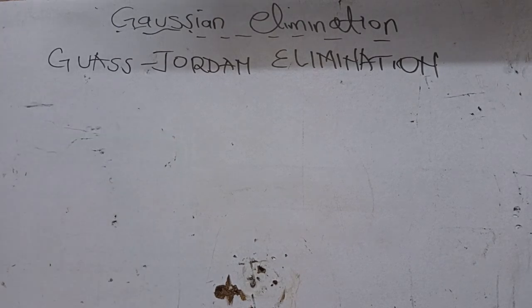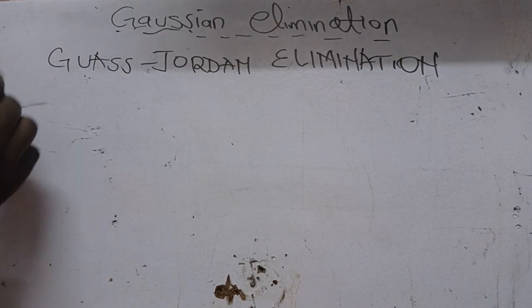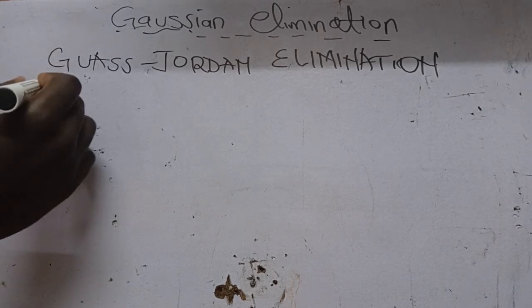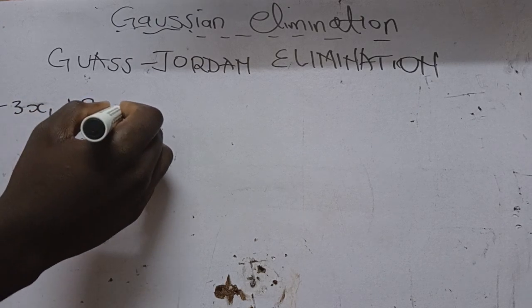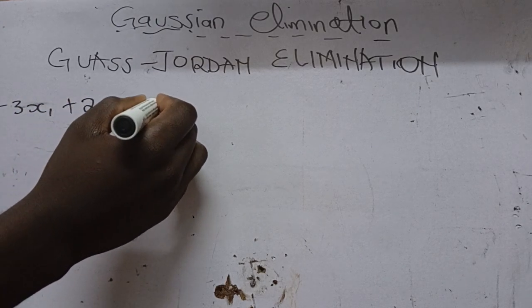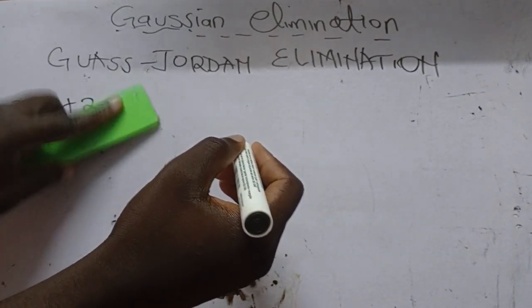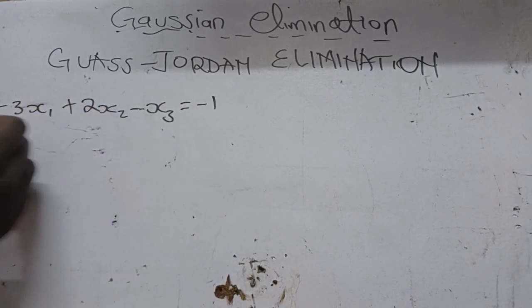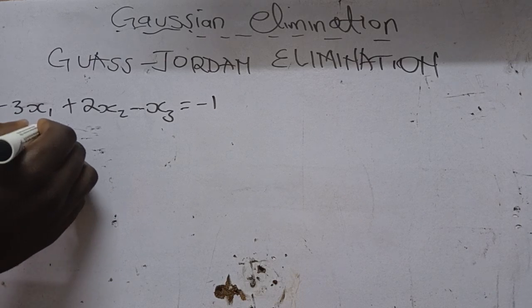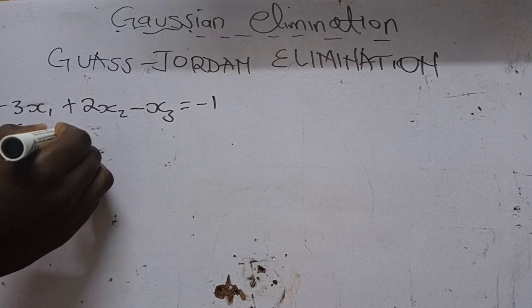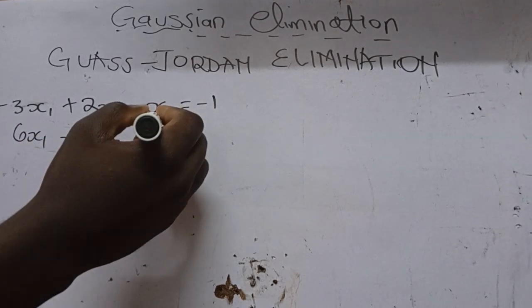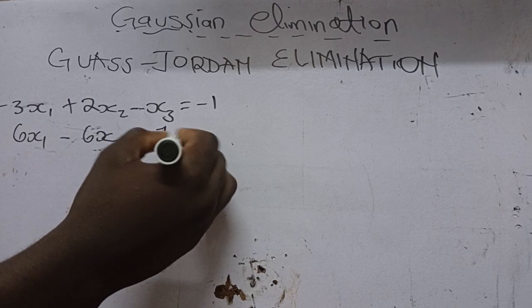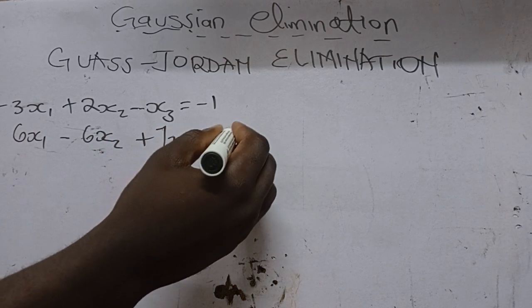If we are given negative 3x1 plus 2x2 minus x3 is equal to negative 1. 6x1 minus 6x2 plus 7x3 is equal to negative 7.